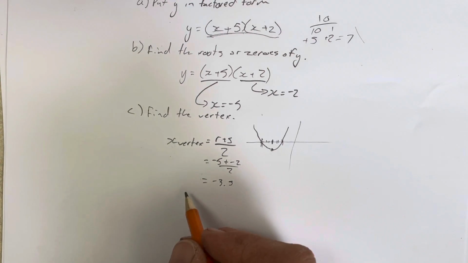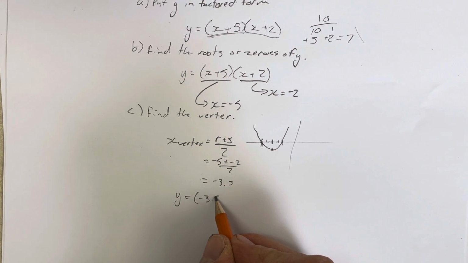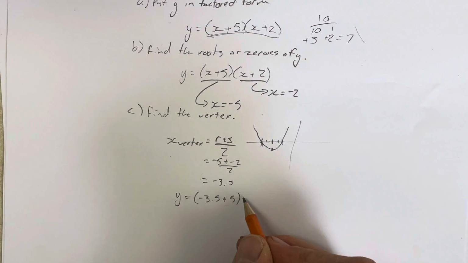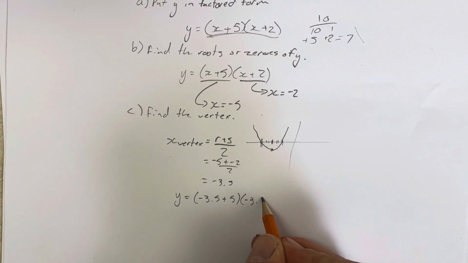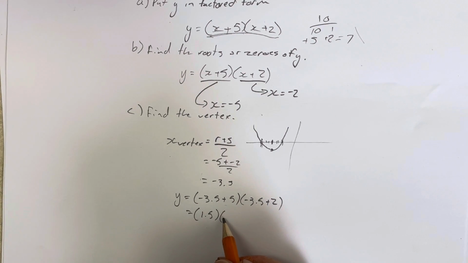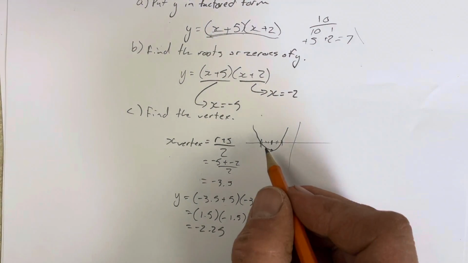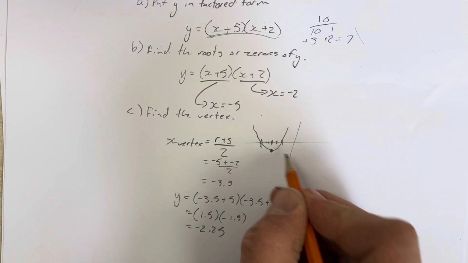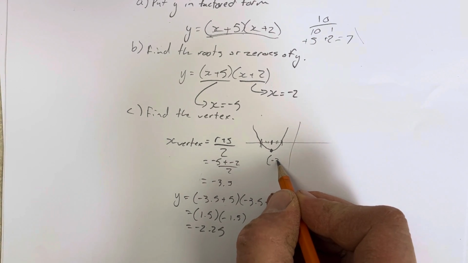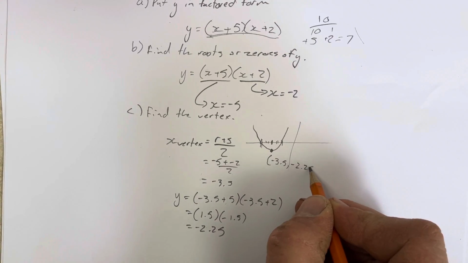To then find the y value of the vertex, I just need to substitute negative 3.5 into my equation everywhere where I see an x. So this is going to simplify to positive 1.5 times negative 1.5, which is going to be negative 2.25. So that means my vertex has the x-coordinate of negative 3.5 and the y-coordinate of negative 2.25.